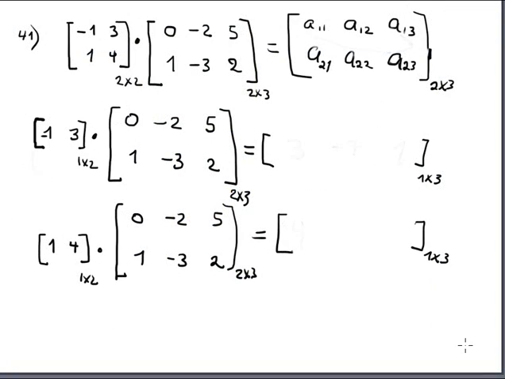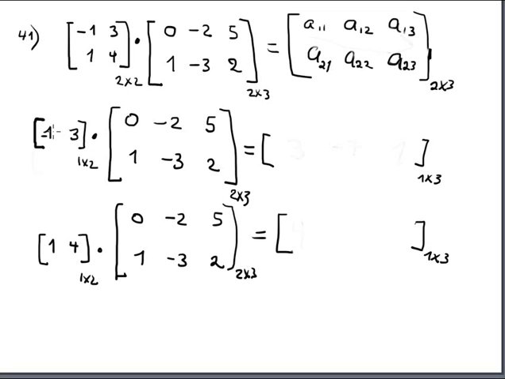Okay, question 41, multiplication of two matrices. In this case we have a 2 by 2 and a 2 by 3 matrix, matching very well the column of the first and the row of the second. The answer that we expect is 2 by 3, but I want to multiply by hand.